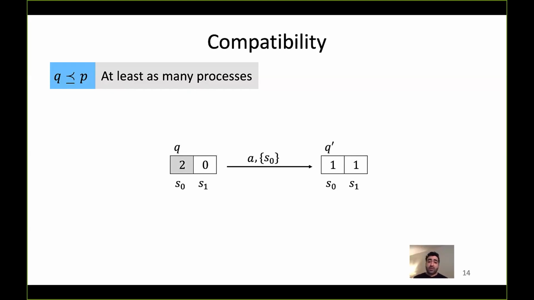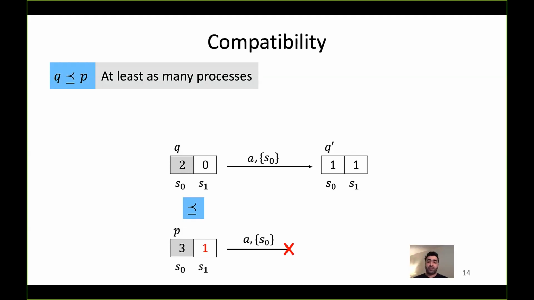Now a state that is bigger than Q according to this well quasi-order is this state P, where we have 3 processes in S0 and 1 process in S1. Obviously, the guard now is disabled because we have a process outside of S0, and this transition is no longer enabled, and we are not guaranteed to get to a state P prime that is bigger than Q prime according to this well quasi-order.